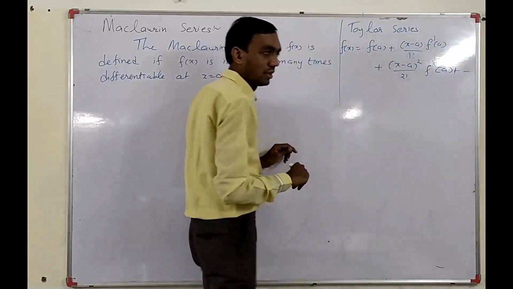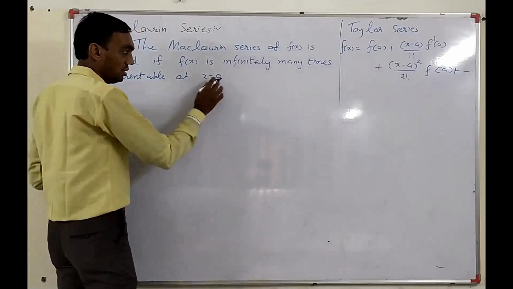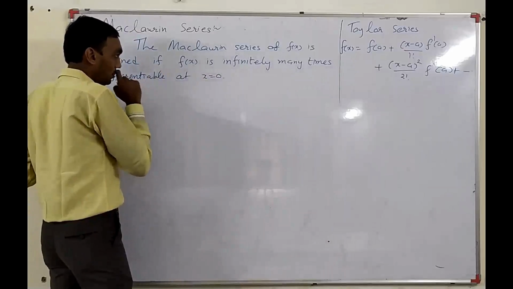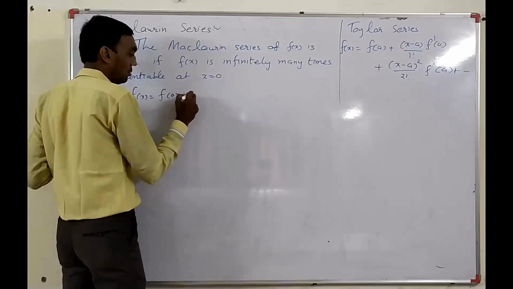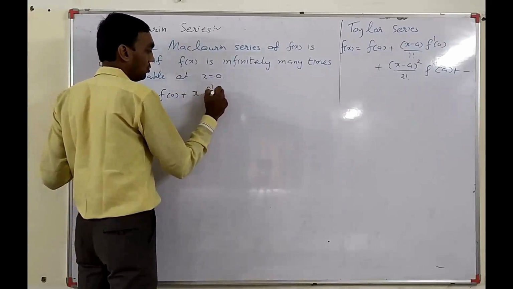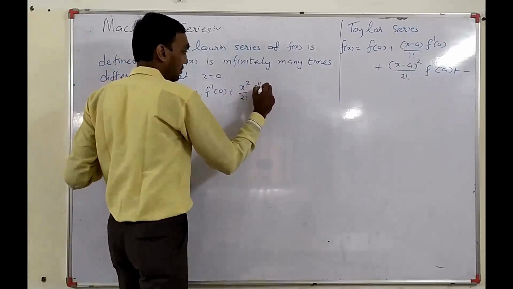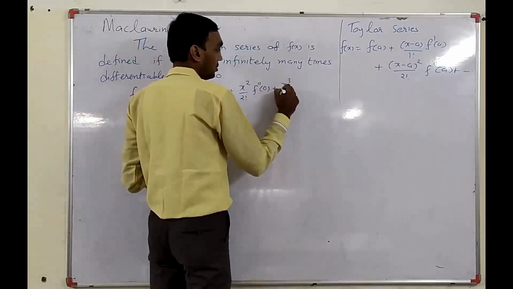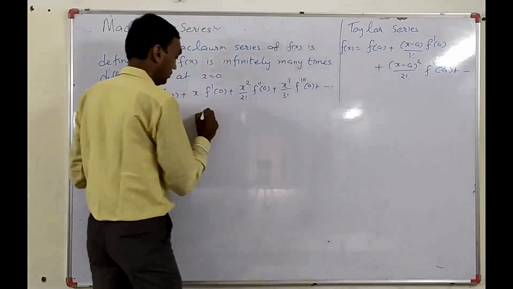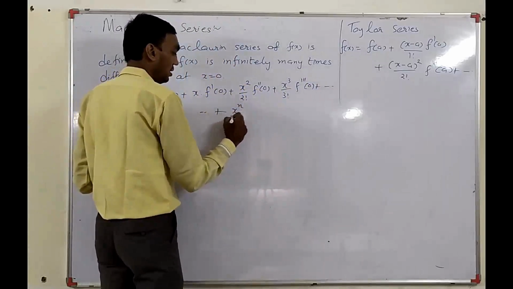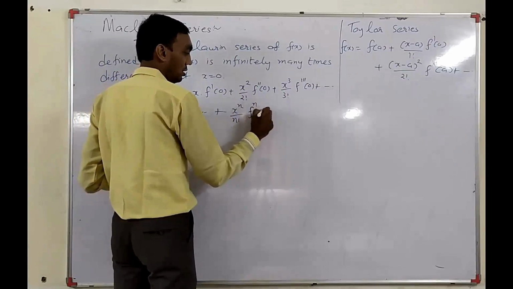Here we put a equal to 0, then f(x) = f(0) + x f'(0) + x^2/2! f''(0) + x^3/3! f'''(0) and so on. The general term will be x^n / n! f^(n)(0).